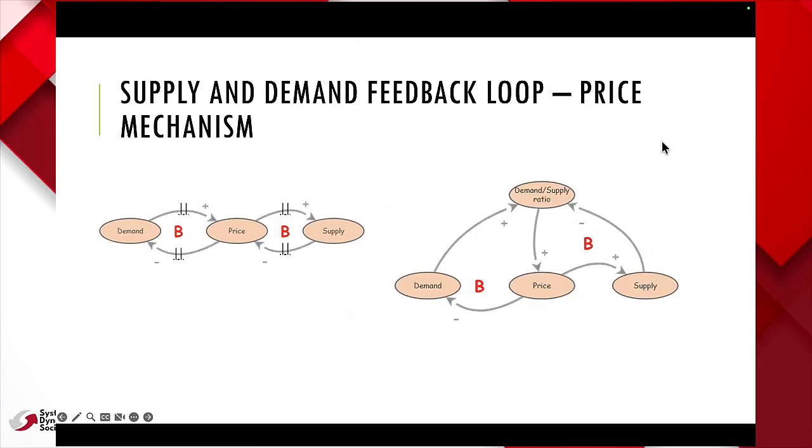The other one is a supply and demand feedback loop. Again, the price mechanism. I chose this one because the left feedback loop diagram has been used in research in Stockholm, where they use this instead of or next to a regular supply and demand. So they had some students that had explanation about the supply and demand model with the supply and demand graph.